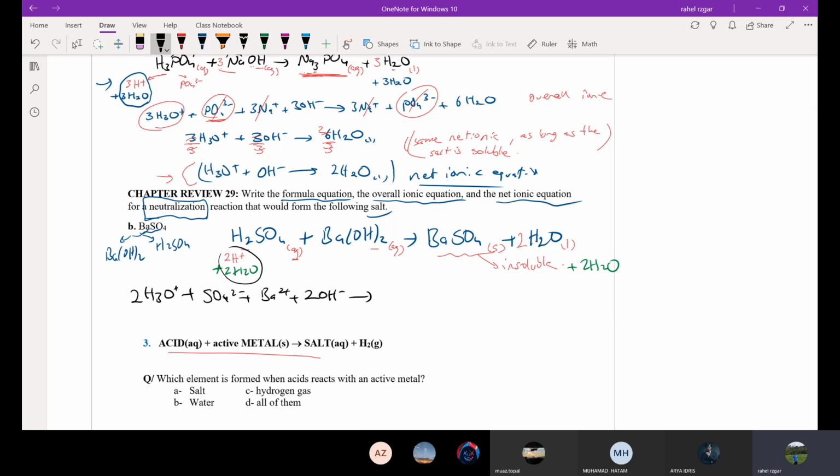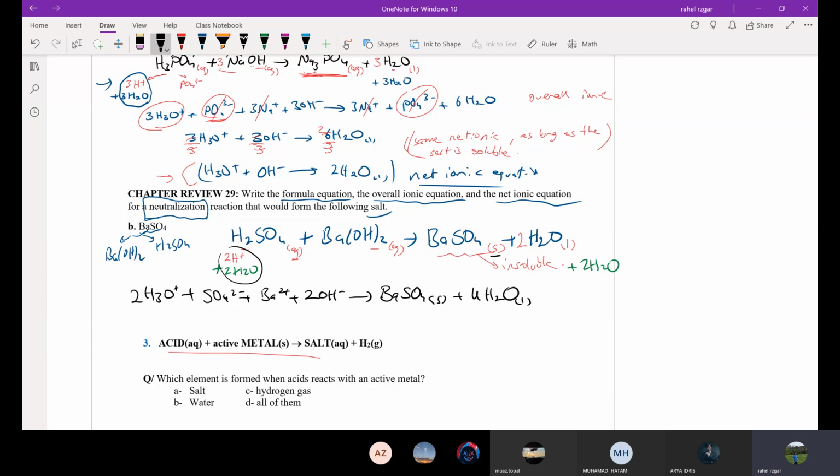will become barium sulfate, but barium sulfate is solid. It will not become ions. That's why we have to write it again. And of course, H2O and H2O becomes 4H2O, and they are liquid. Also, they will not become ions.